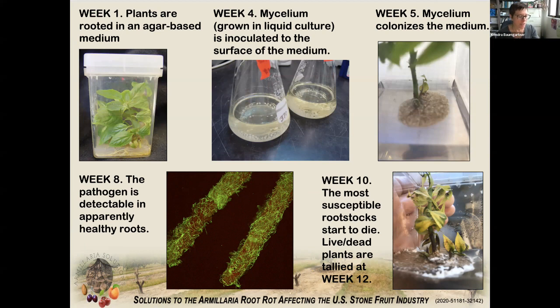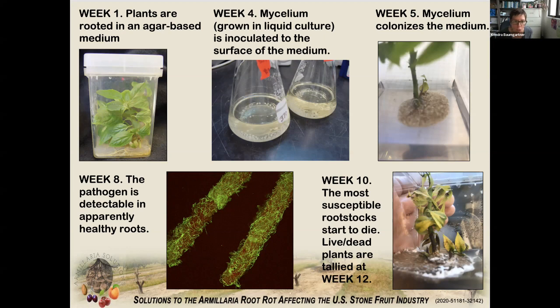And so instead, I developed this assay where we root plants in a tissue culture medium, which is agar-based. Maybe you can kind of see here the gel at the base of this box that the plant is in. We grow the fungus separately for 2 weeks in a liquid culture and shake it to oxygenate the medium.